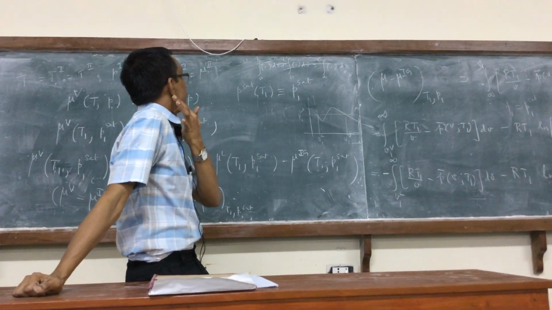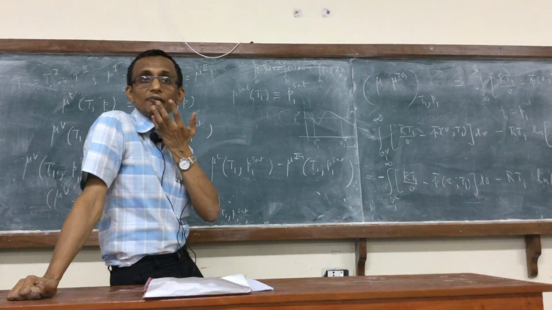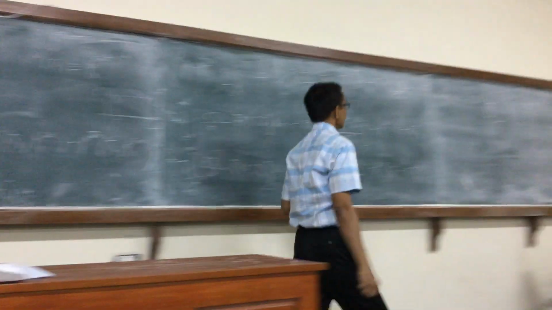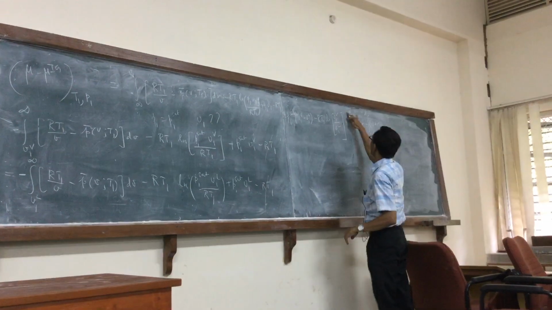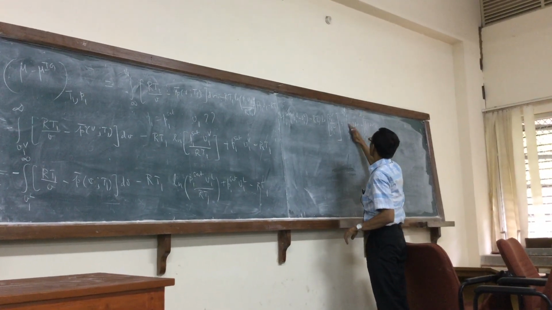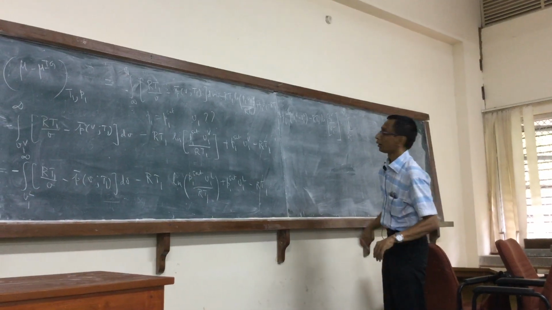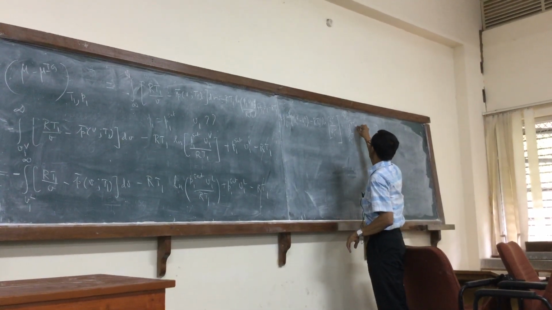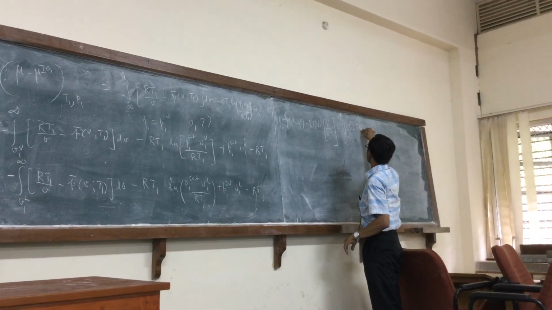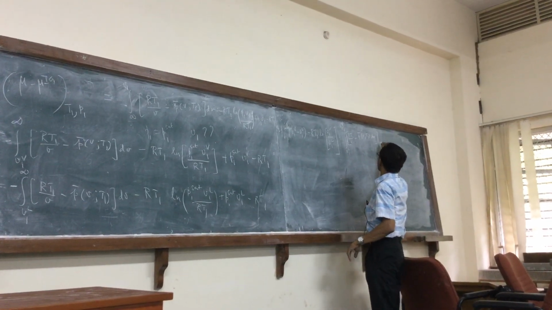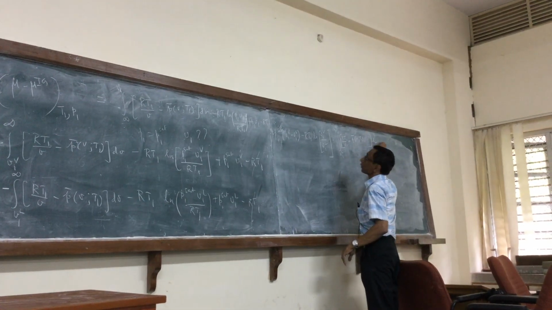Right? So B is obviously V1V. So you can clearly see what you have here is simply integral V1L to V1V of RT1 by V minus integral V dV.